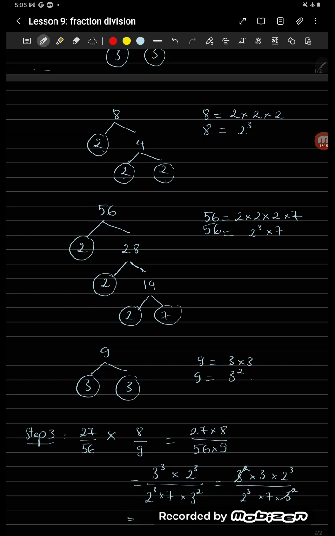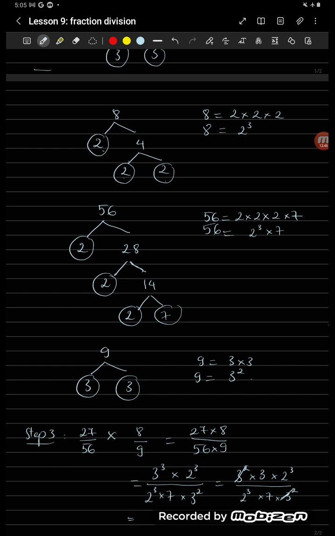Okay, now we continue checking. Remember, when you cancel the common factors, it must be the same number and the same power. Same number and same power, then you can cancel them. So now we continue checking. The top part has a number 2 with power 3, and the bottom part also has a number 2 with power 3.